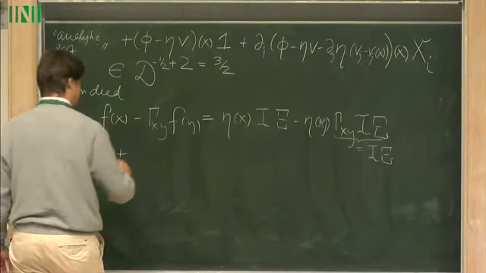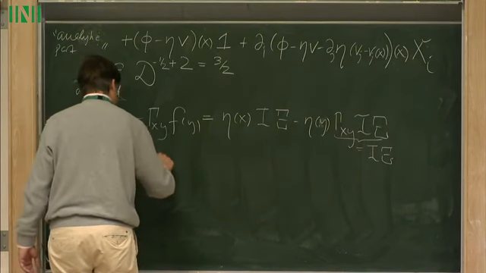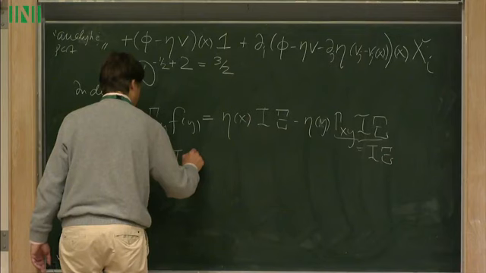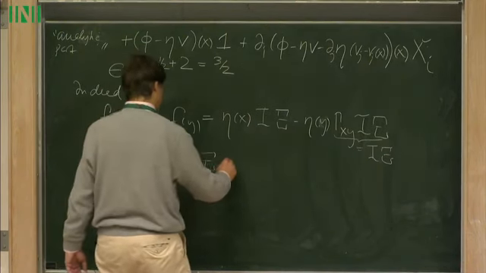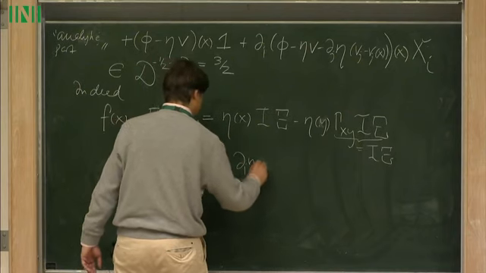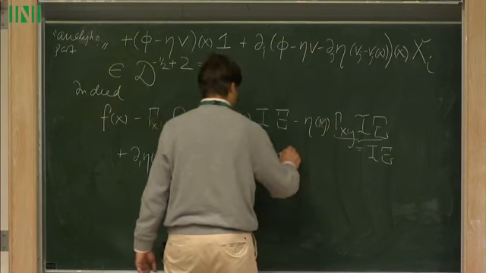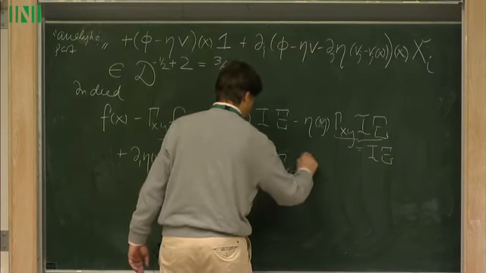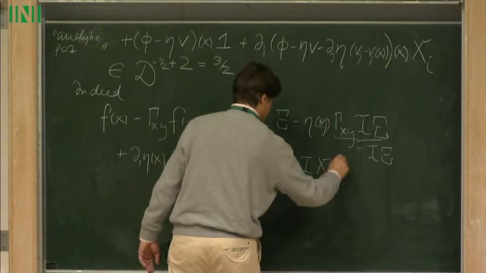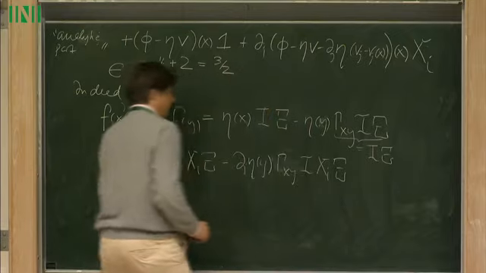Then let's look at the next term. We get d_i eta x, I xi, xi as a placeholder, minus d_i eta y, Gamma_xy, I xi, xi.